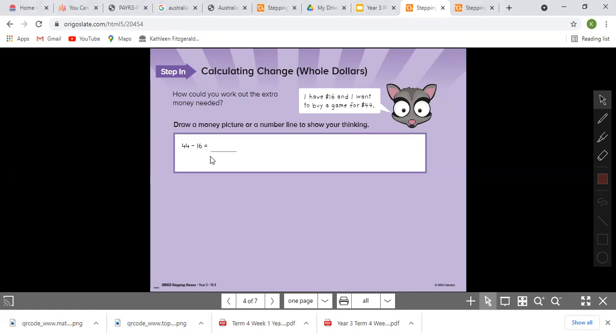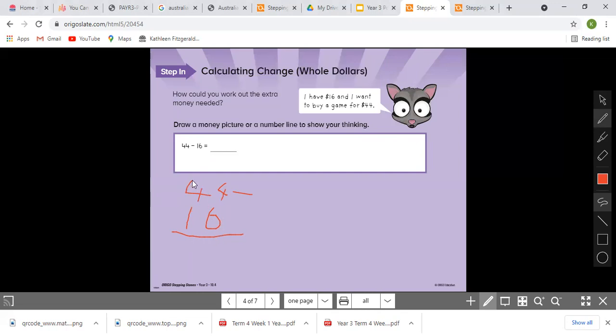And if we did that using our vertical algorithm, we would go 44 minus 16. We'll be doing more on vertical algorithms later in the term, but I'm just introducing them to you now. Now we've got 4 and we need to take away 6, so we can't do that.